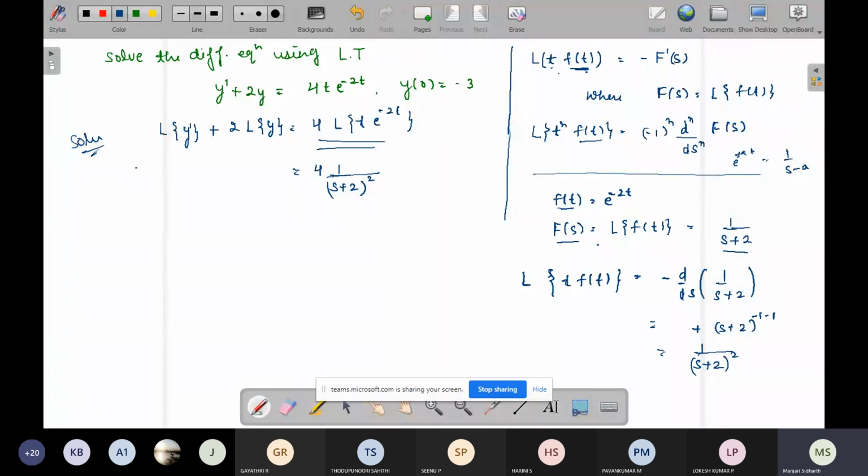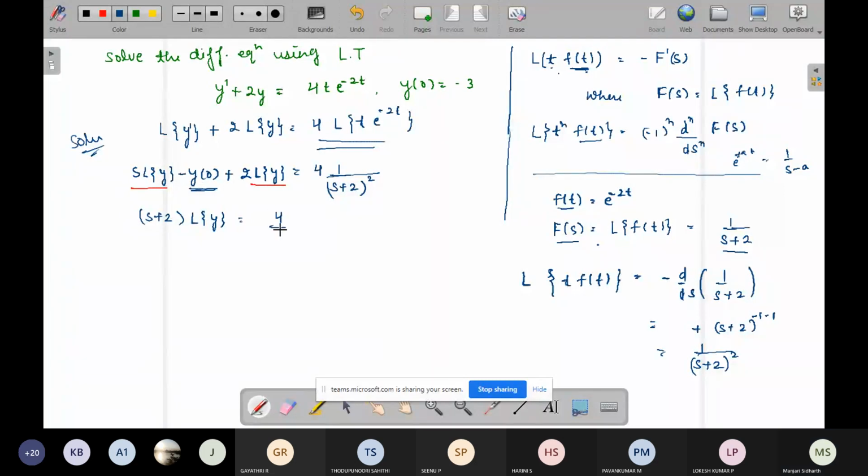This is nothing but s into Laplace transformation of y minus y(0), if you remember the formula of the derivative of a function, plus 2 into Laplace transformation of y. We'll collect the coefficient of this one and this one. That means s plus 2 times Laplace transformation of y, and this is minus y(0), so minus minus plus 3.